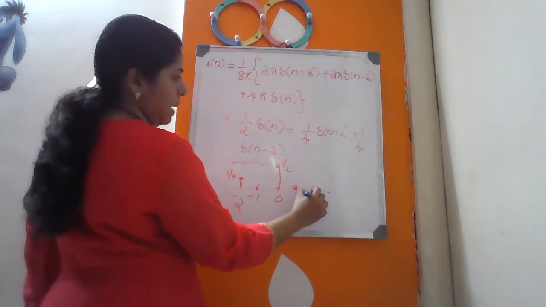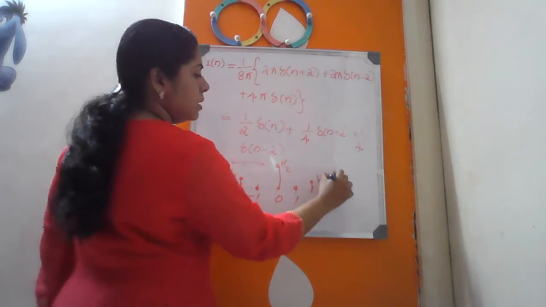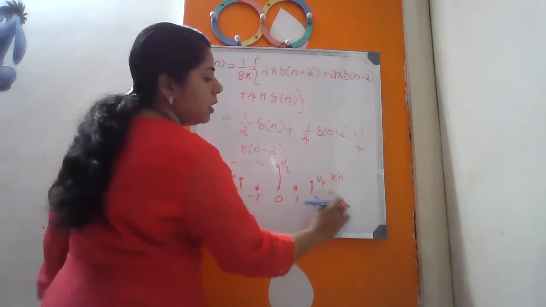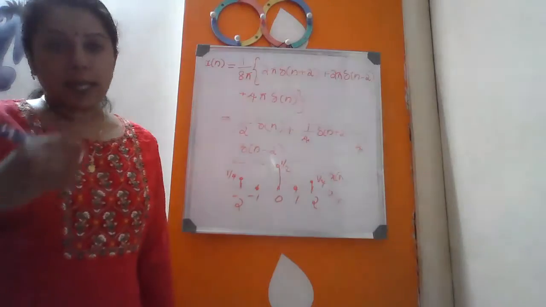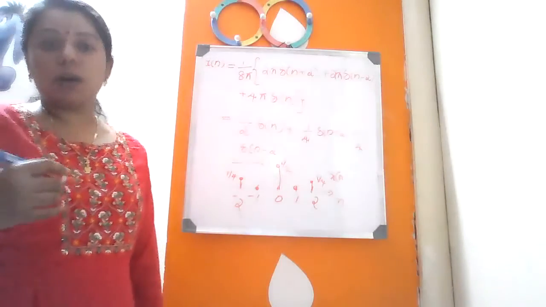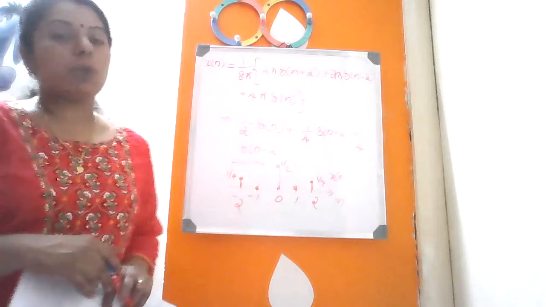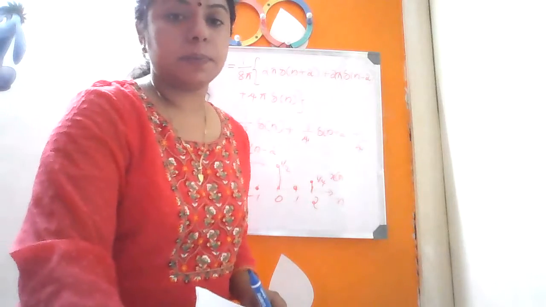At plus 2, amplitude is 1 by 4. So this is the x of n signal, the time domain signal, I am getting. Like this we can solve the inverse Fourier transform. So one problem we solved, and we are going to do the next one.